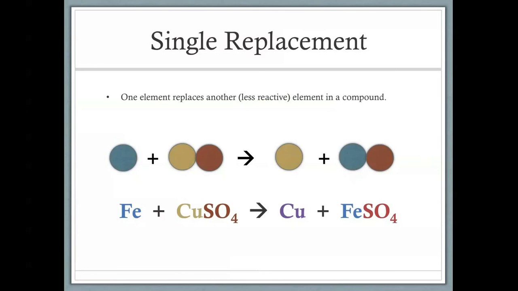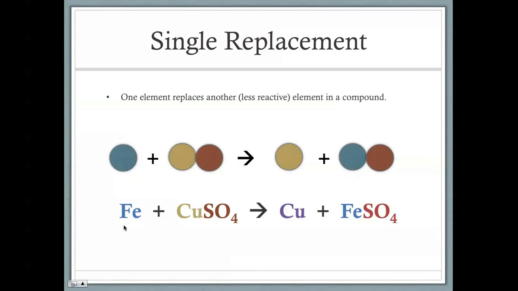All right, single replacement. One element replaces another less reactive element in a compound. So if you look down at the bottom, you're always going to see a single element and then a compound as your two reactants. And that single element is basically going to come in and kick out the positive metal ion and take its place. As you can see, iron and copper have switched places from the reactant side to the product side, and this is called a single replacement.